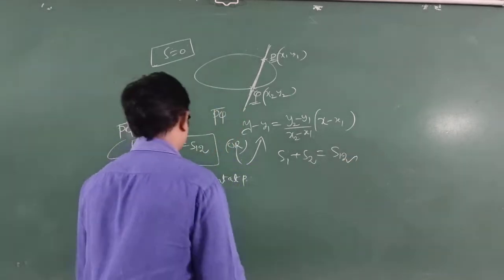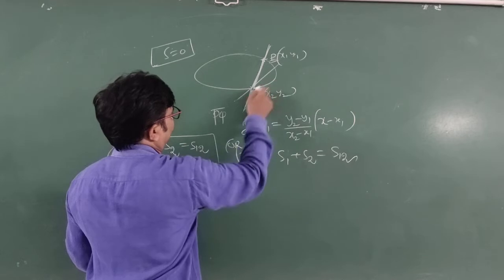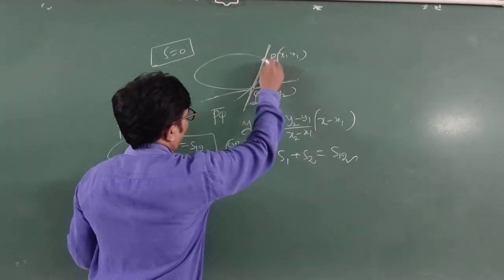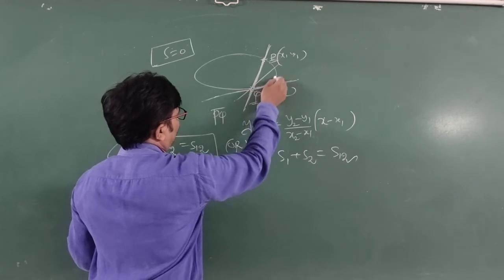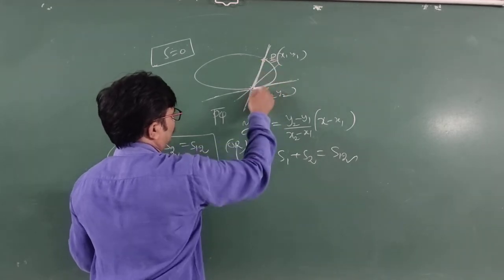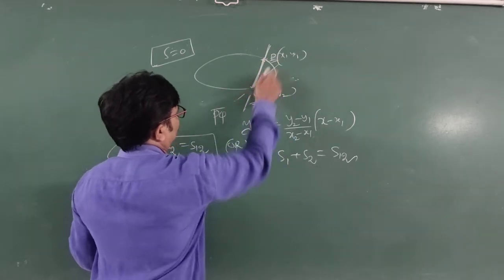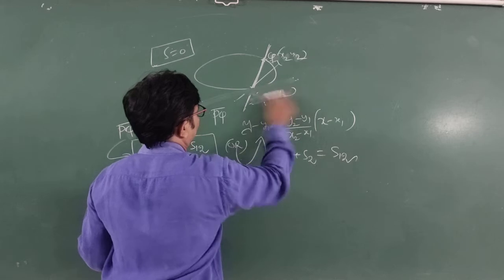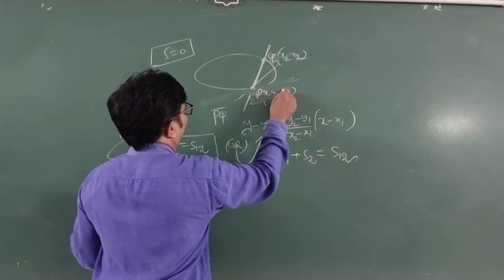Suppose, students, when Q coincides with P, undoubtedly Q is P. Suppose P is like this and Q approaches P. This is the point P (x1, y1).